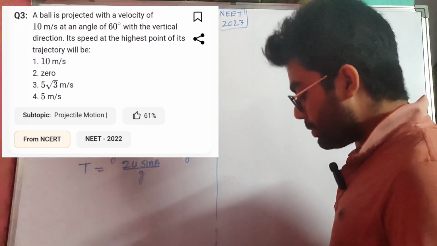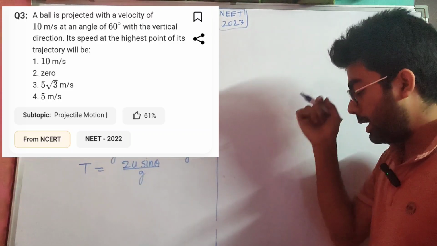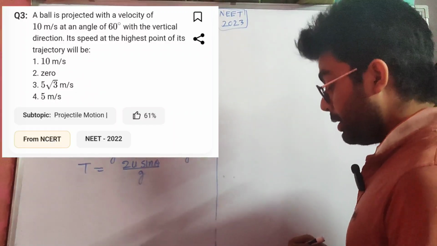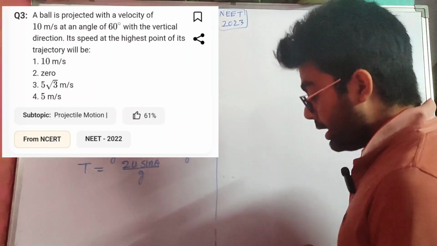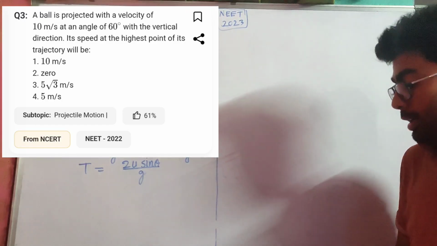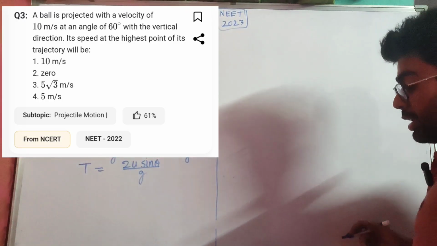Next problem: a ball is projected with a velocity of 10 meter per second at an angle 60 degree with the vertical direction. This is an important line, with the vertical direction. Its speed at the highest point of its trajectory will be, which option is right?